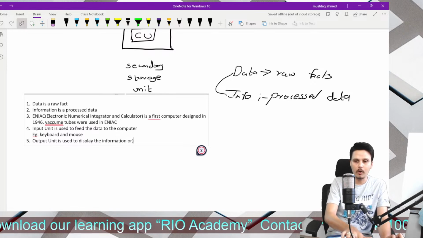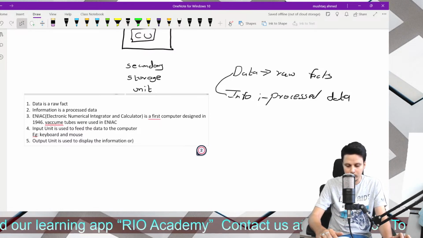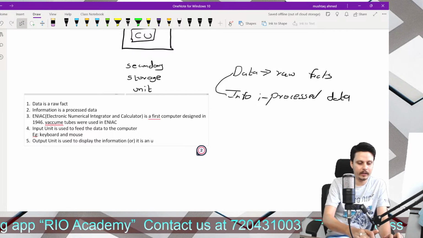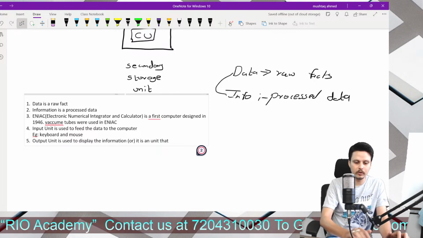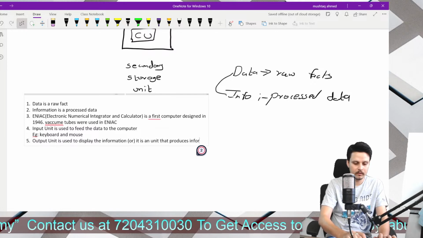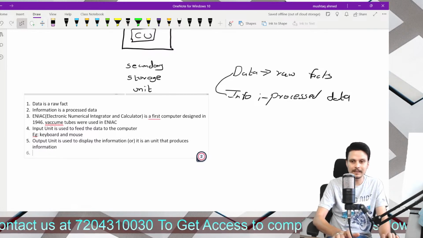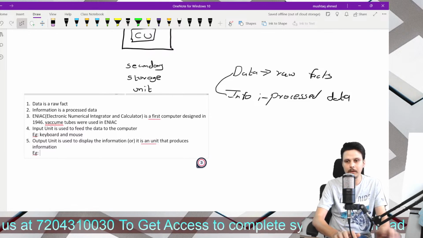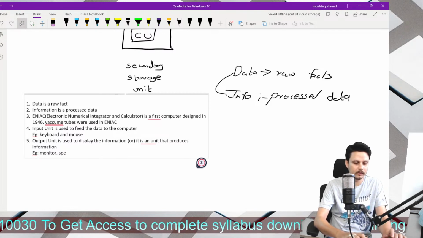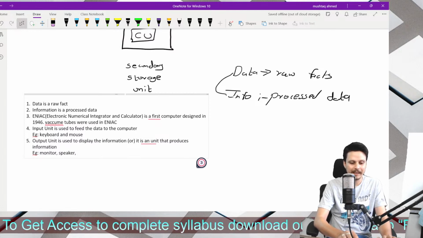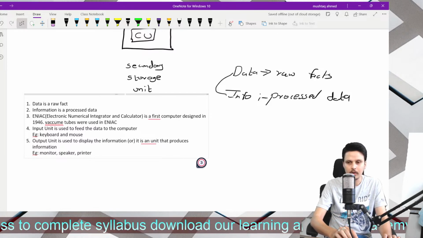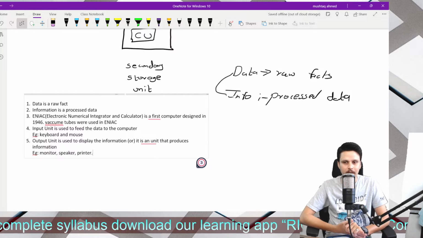Examples: monitor, speaker, printer. Speaker, printer, all these come under output unit.